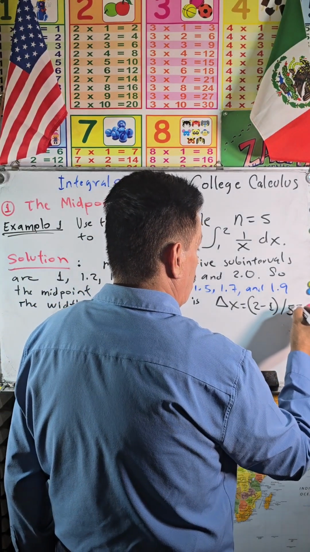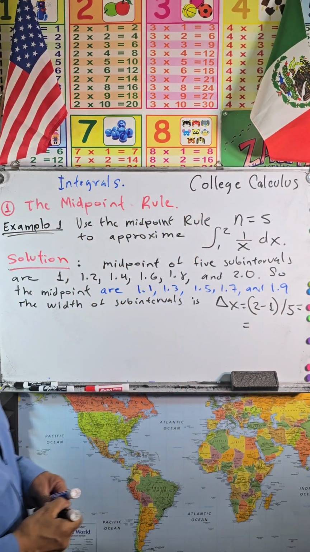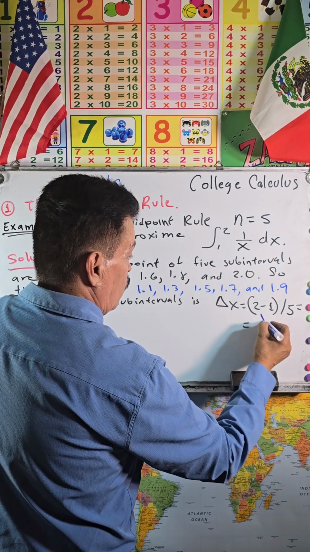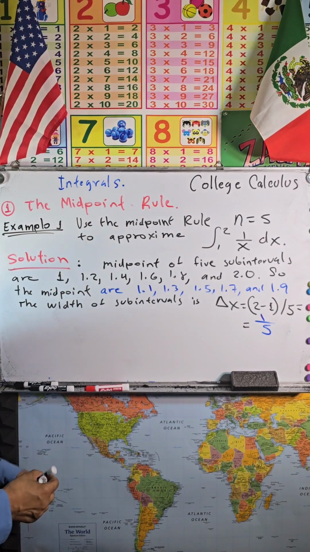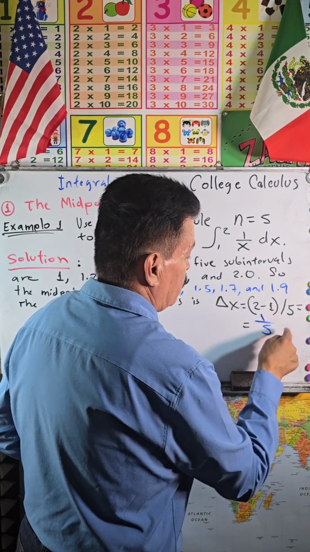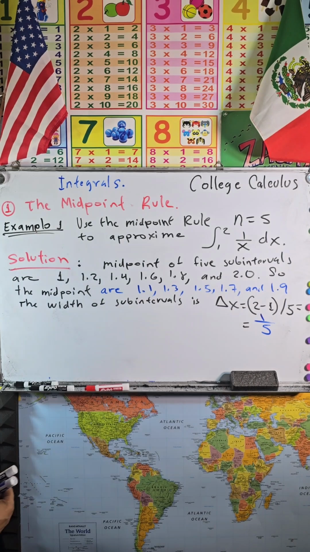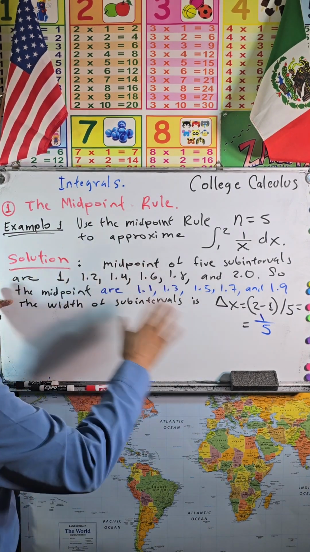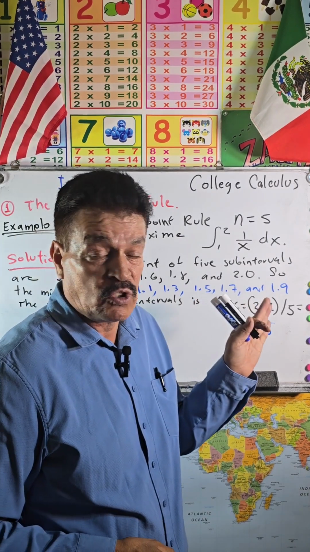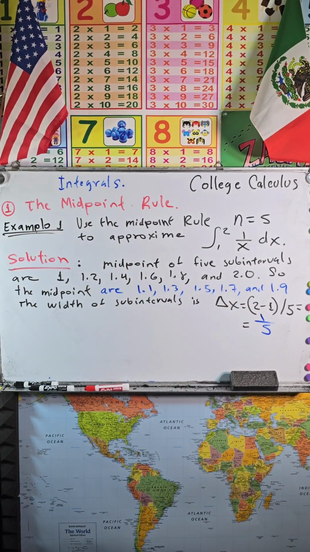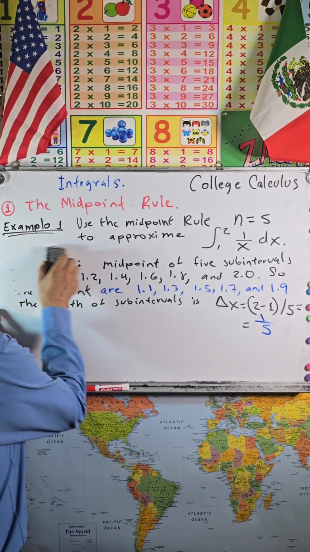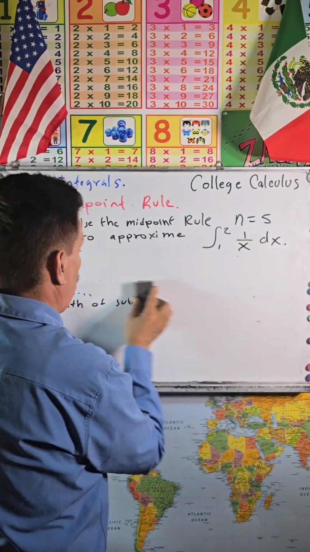So this is equal to 1/5, because 2 minus 1 is 1. That's why, right? So the midpoint rule gives us, I will erase all this data to continue, keeping in mind this. So what it says, the midpoint rule.